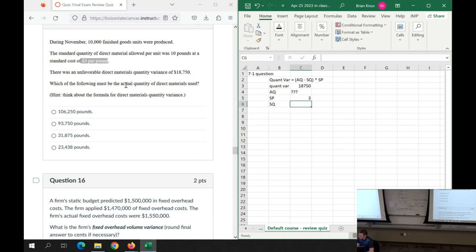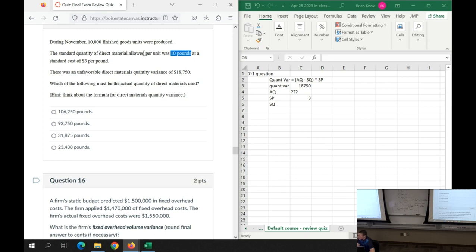SQ is based on actual production, but using the standard quantity per finished goods unit. So 10,000 finished goods units actually produced, because we're doing the flexible budget, not the static budget, right? We don't want to get mixed up on that. At 10 pounds of standard per finished goods unit, right?